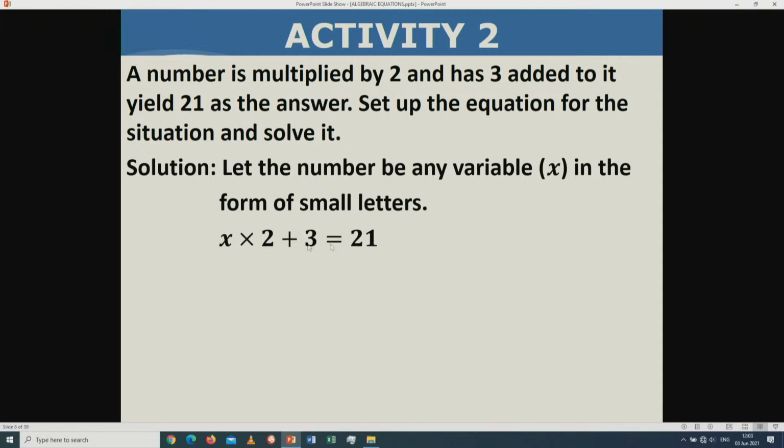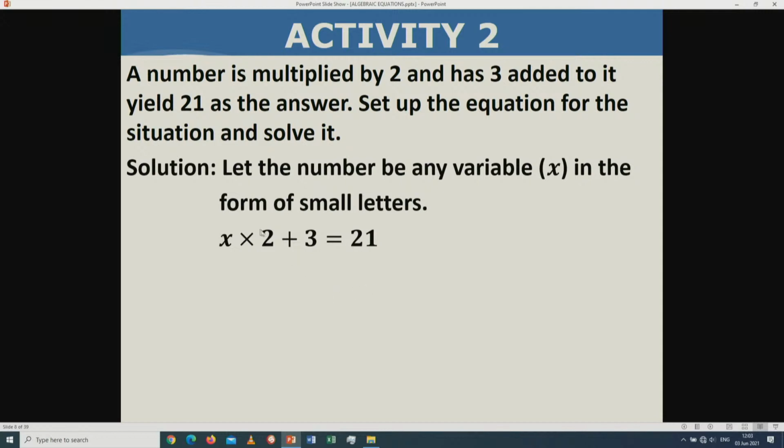And then after setting up the equation, now we need to solve the equation. In solving the equation, we use what we refer to as inspection. We can start with inspection now. In using inspection, it means we must check what number, when we add 3, will give us 21.